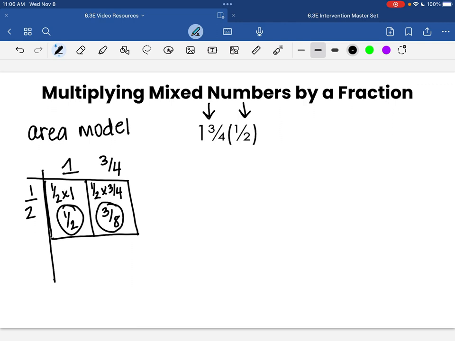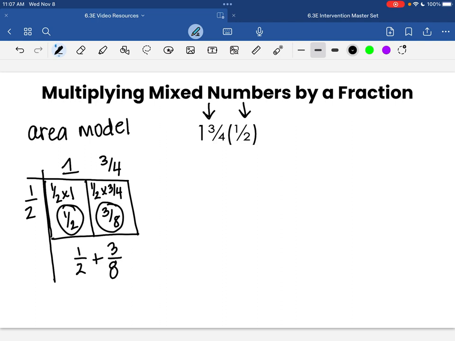So I have two partial products right here that I need to add together to find my total product. I have 1/2 plus 3/8. And I remember from earlier in intervention when we talked about adding fractions with uncommon denominators. So I need to rewrite these fractions using the same denominator.